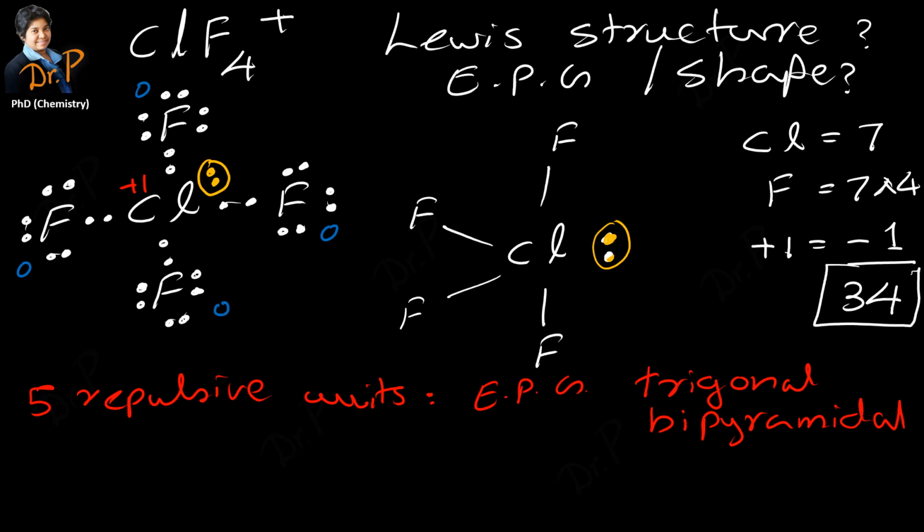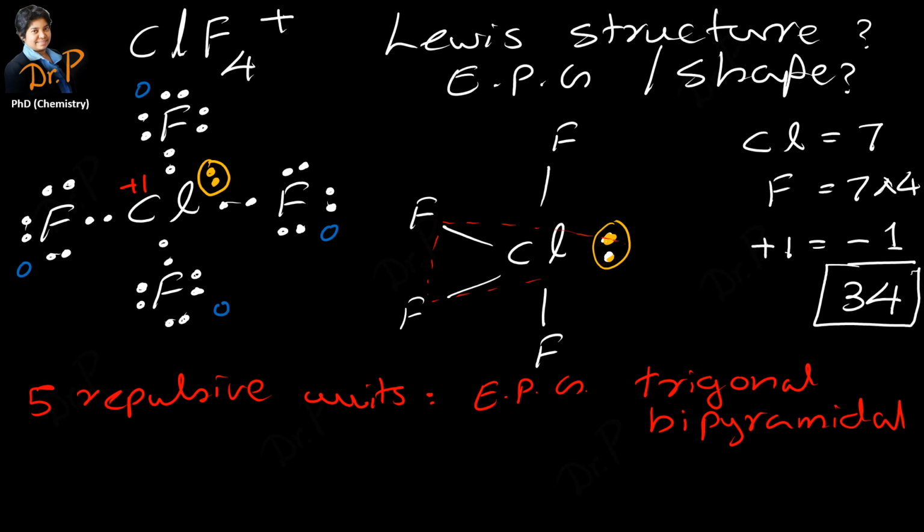In the trigonal bipyramidal geometry, you have a trigonal plane, which is this, and you have to know that when we have only one lone pair in this geometry, we put the lone pair in the trigonal plane because that is how the lone pair can have maximum space for itself. Now that is the geometry.